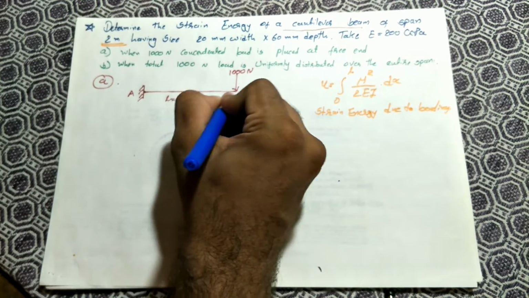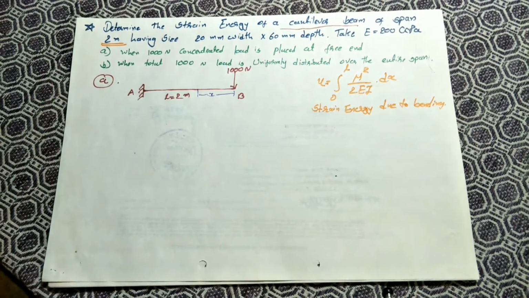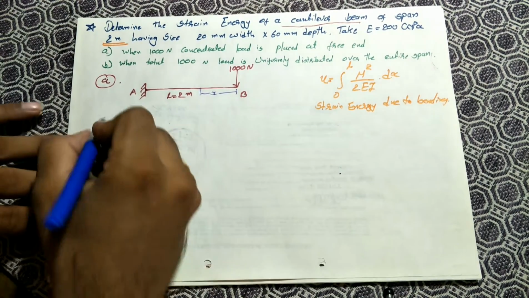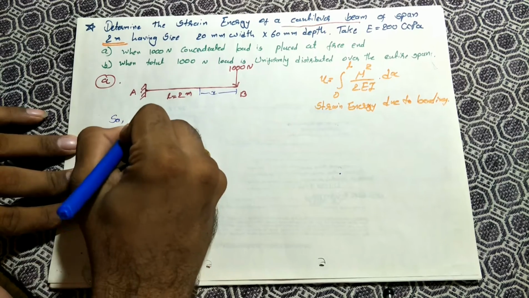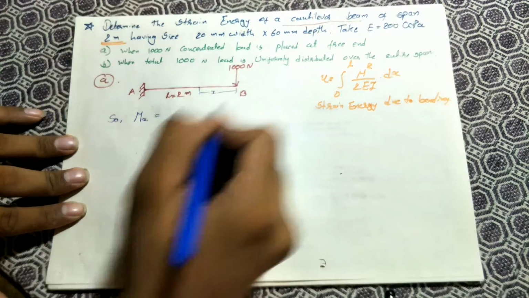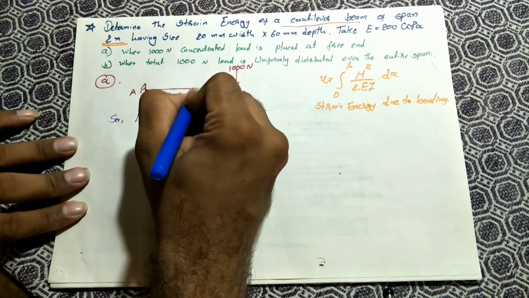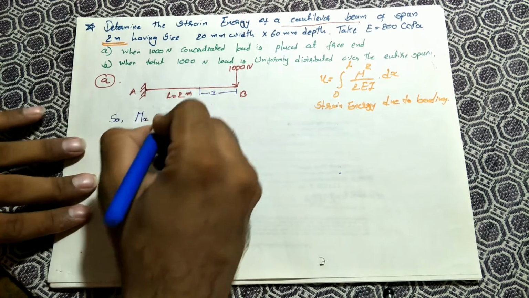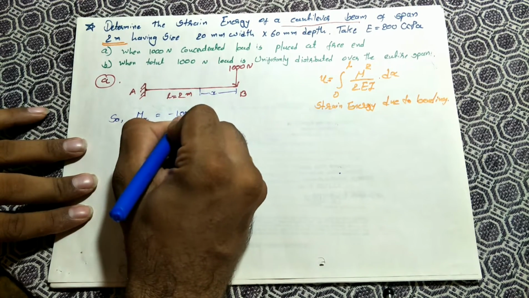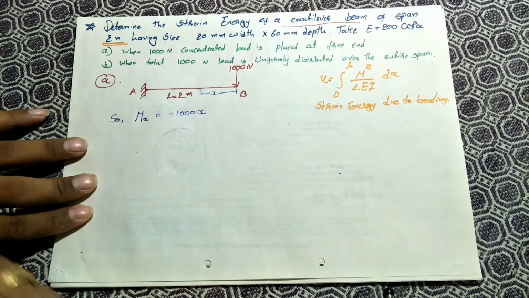This distance is x up to this. So moment at x is equal to, if you take clockwise as negative, minus 1000 into x.